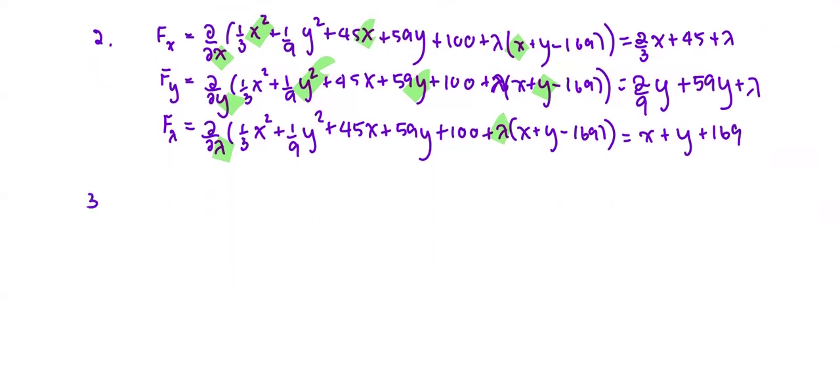Next, step number 3, we are going to solve the system where f_x equals 0, f_y equals 0, and f_lambda equals 0.